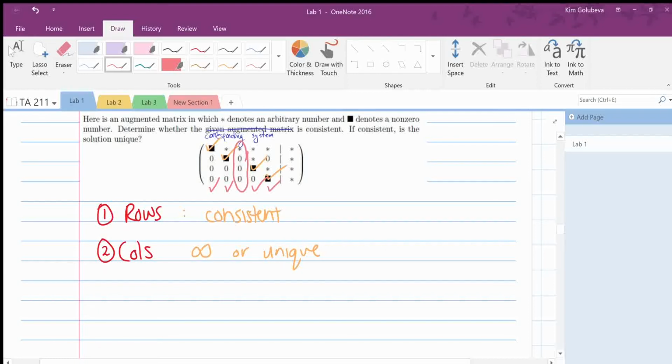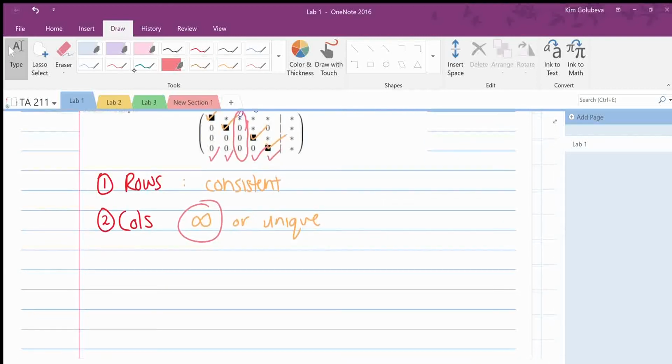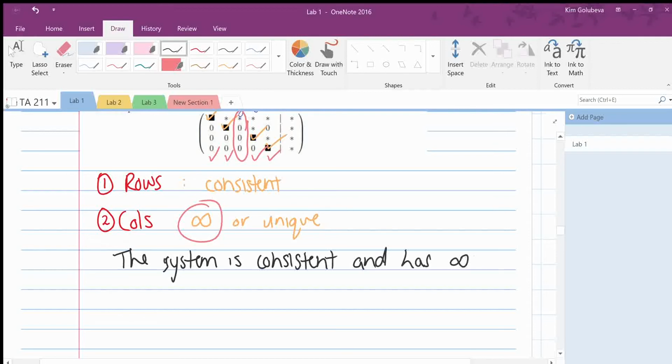So we're missing a leading 1 for the third column, and that tells us that there are infinitely many solutions. So the system is consistent and has infinitely many solutions.